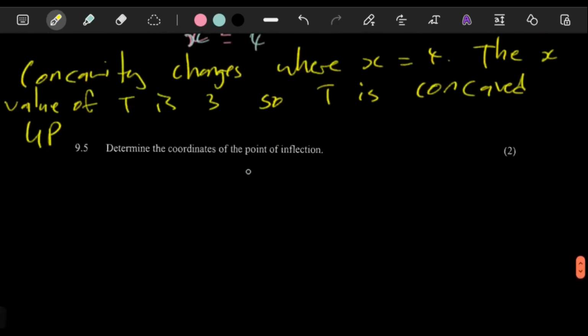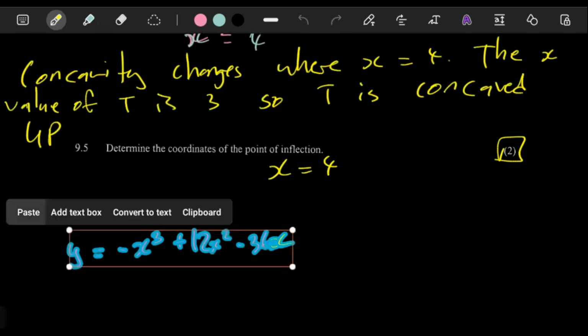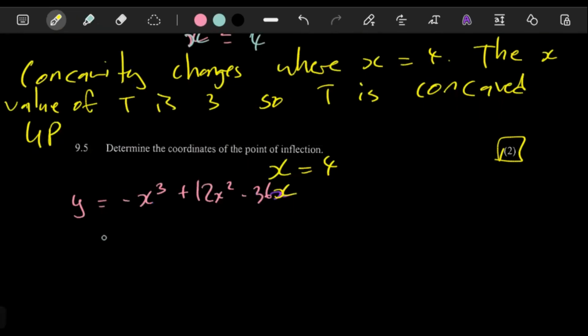It says determine the coordinates of the point of inflection. Well, based on our previous question, we said the x value is 4. So the y value, we can get by throwing it into our equation. y is equal to negative 4 cubed, plus 12 times 4 squared, minus 36 times 4.